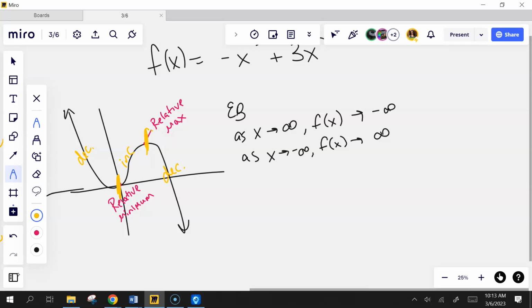Anybody confused? All right, let's get to a little bit more. By the way, what's the domain on this one? Infinity. How about the range? Same thing. It goes up forever, down forever, which tells me it's negative infinity to infinity. Everybody okay?